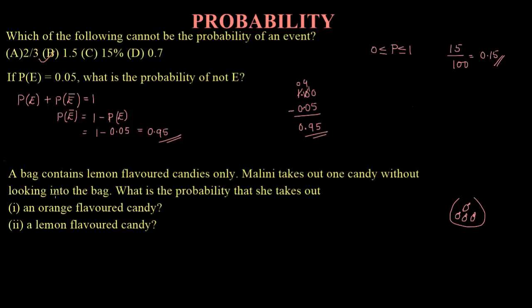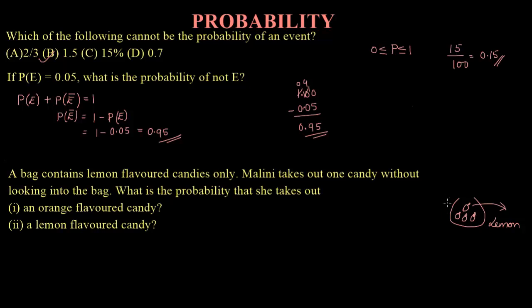So she is not seeing into the bag and she is taking out one candy from it. What is the probability that she takes out an orange flavor candy? The bag contains which flavor? Lemon flavor candy. And they are asking you to find the probability of getting an orange candy.